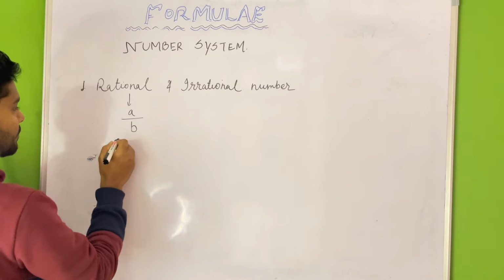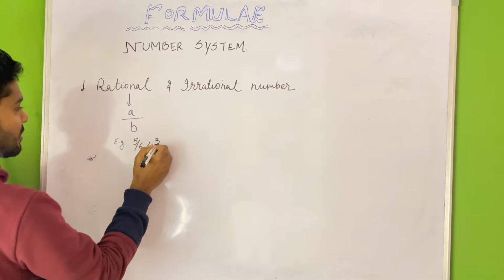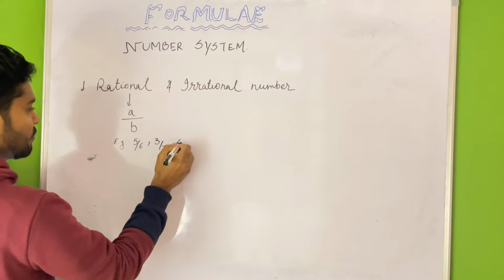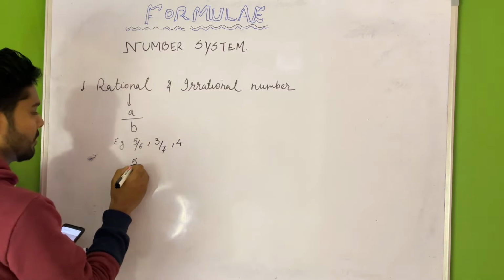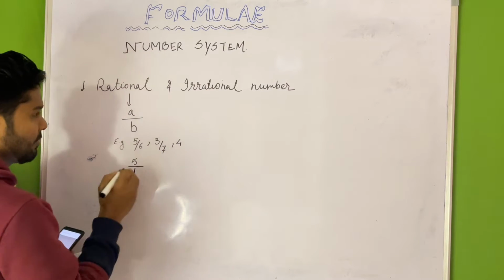For example, 5 by 6, 3 by 7, 4, 5. 4, 5 are also rational numbers because we can write 5 by 1.